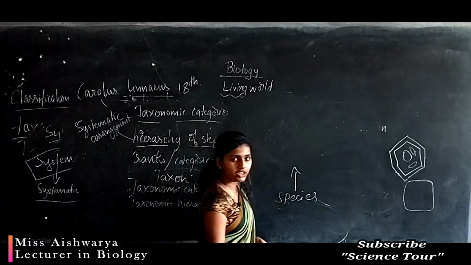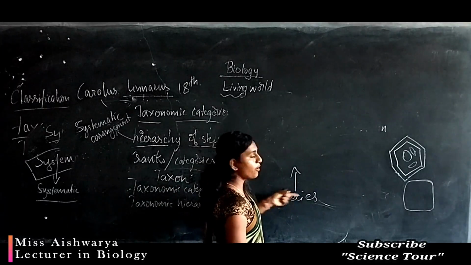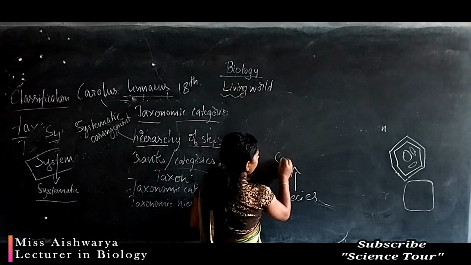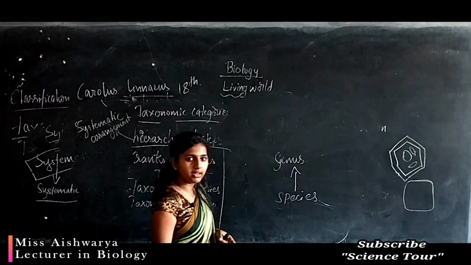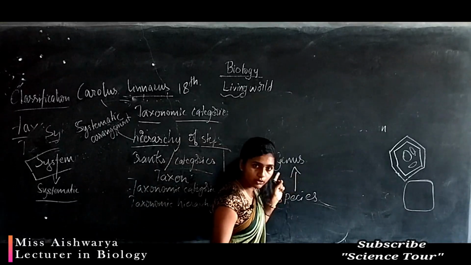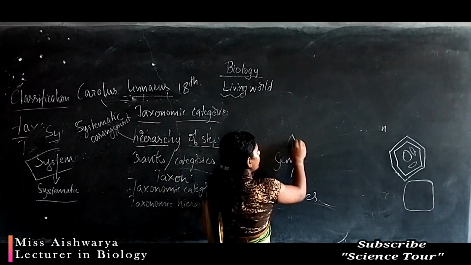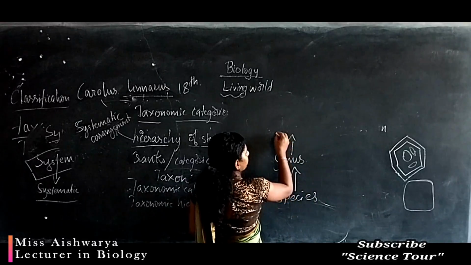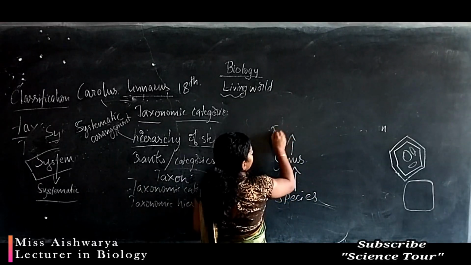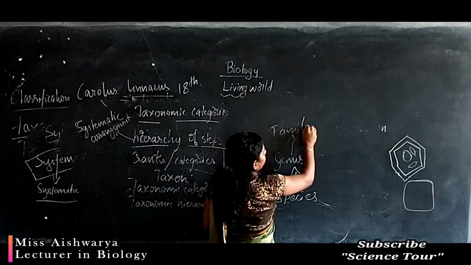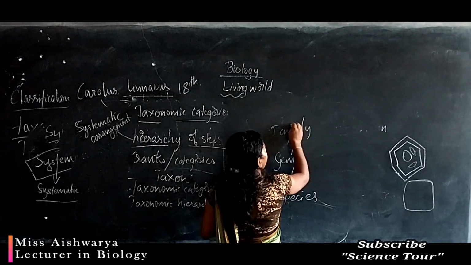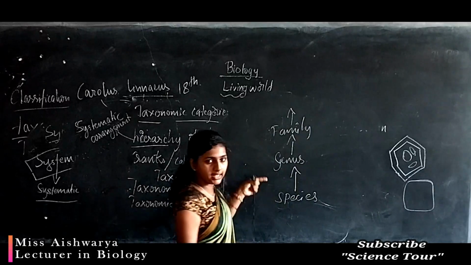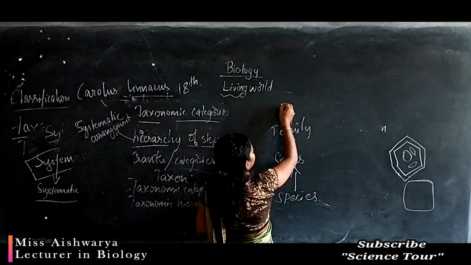Next, after species, the group of species will come under genus, and after genus comes family. Many genus will group and form a family, and after family there is a class.